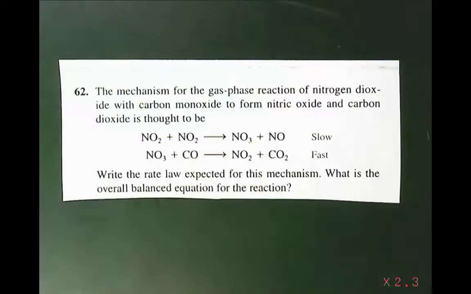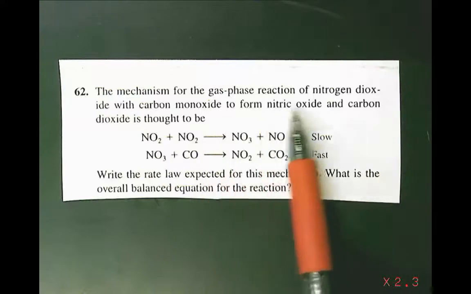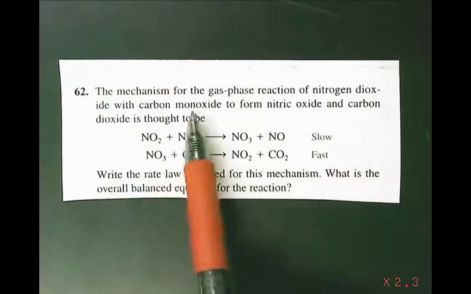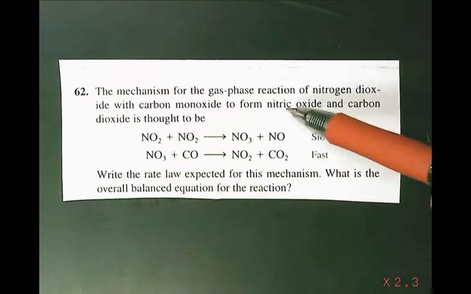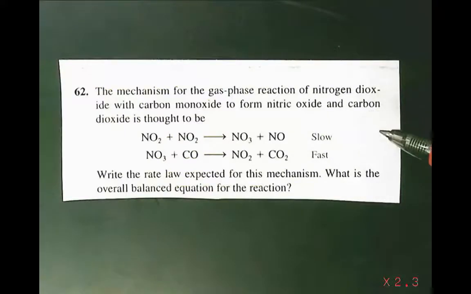All right, here's a practice problem to help you understand writing rate laws from reaction mechanisms. This is question 62 from your textbook. We are given these two steps in this reaction, and it's a reaction of nitrogen dioxide with carbon monoxide, forming nitric oxide and carbon dioxide.